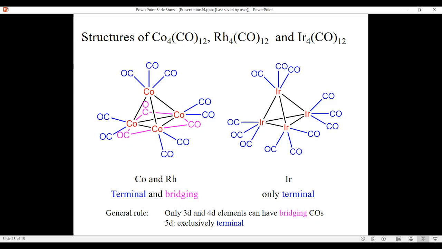Only 3d and 4d elements can have bridging COs. 5d elements like iridium can only make terminal COs, and it's easily understandable because iridium is the heavier element. So for that reason, the iridium distances are longer. Therefore, it's more difficult for the CO ligand to bridge two iridium atoms.